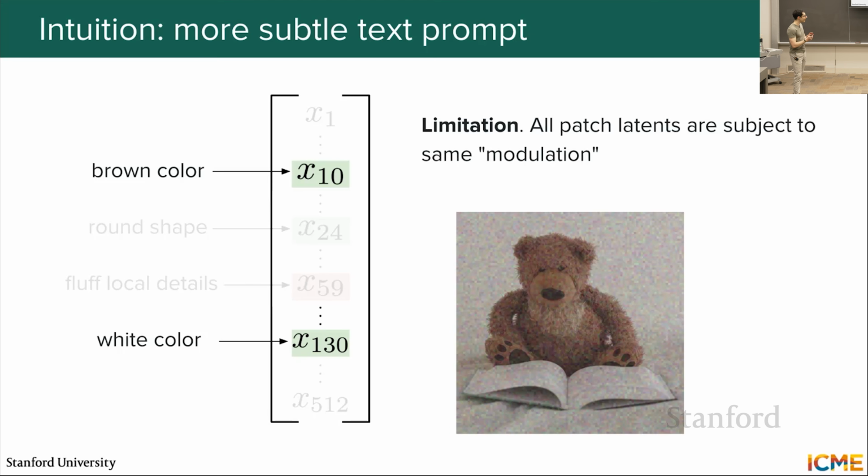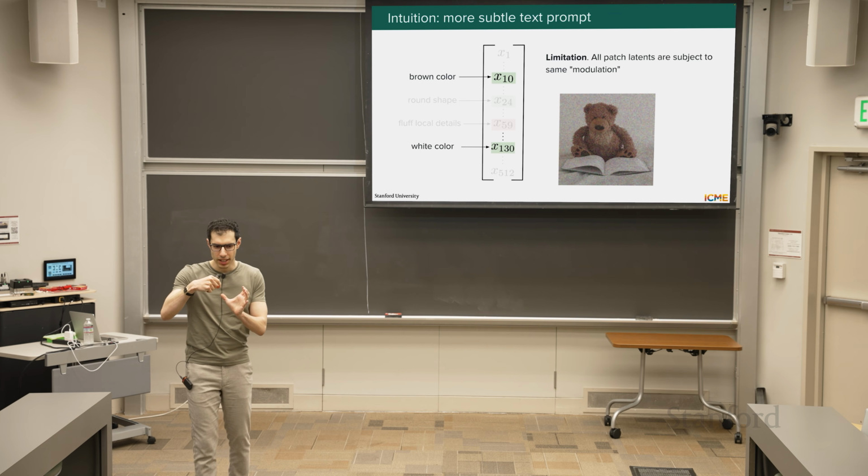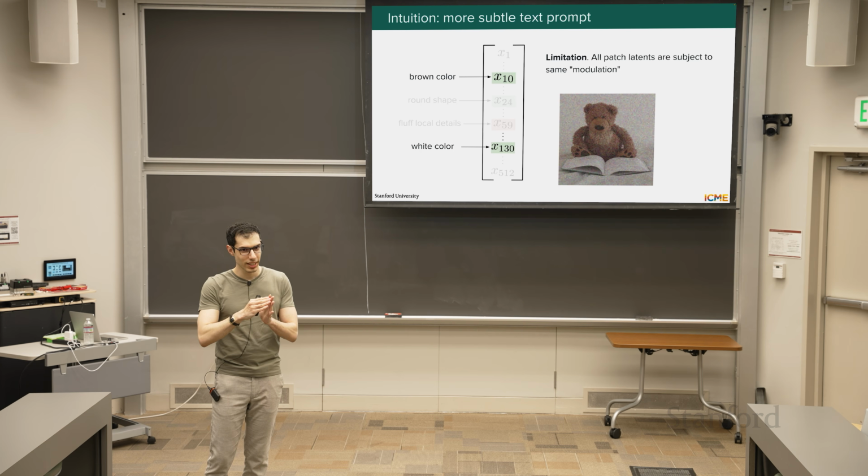But remember that this modulation is happening for all tokens, regardless of where they are. So in other words, what we're saying is, if you want to predict the velocity to denoise an image, you're going to modulate all patch embeddings in the same way.